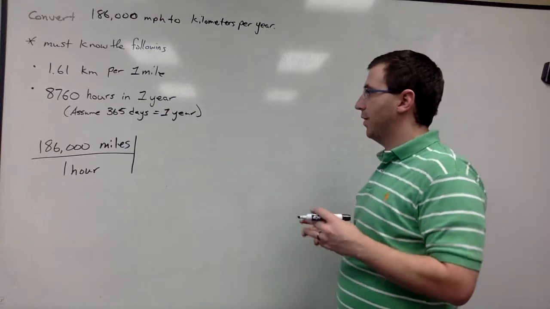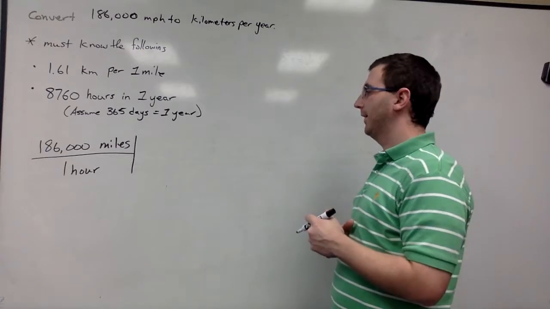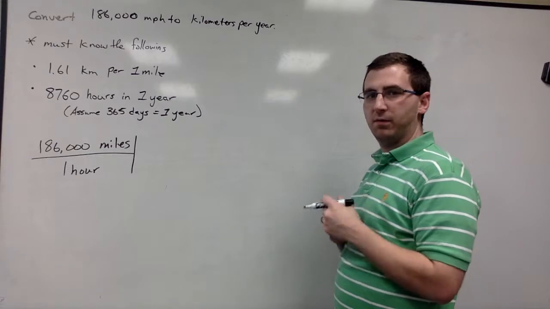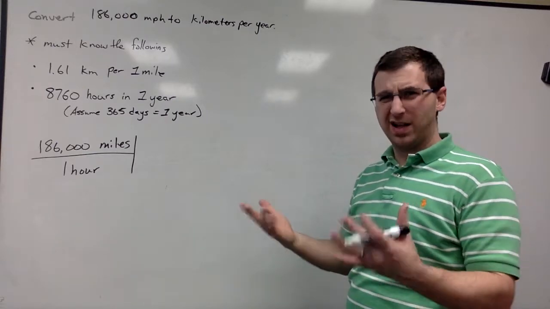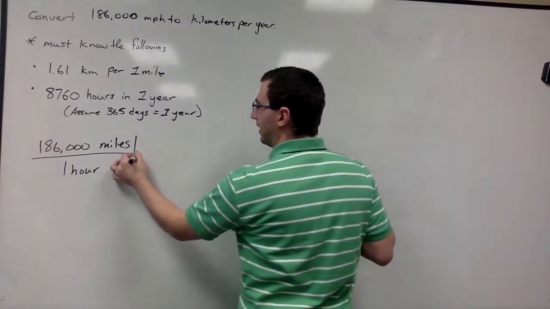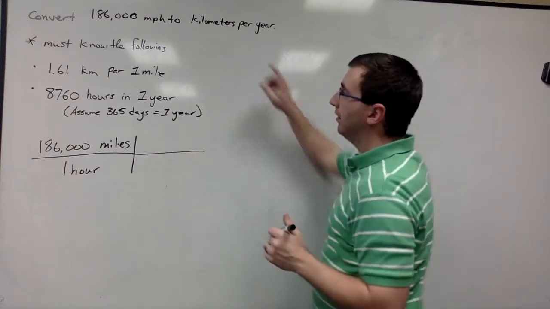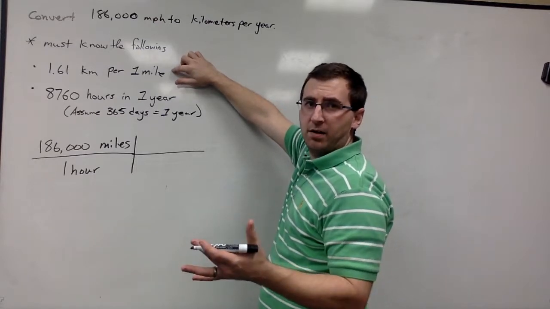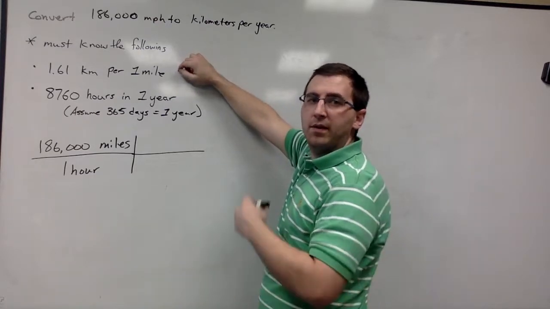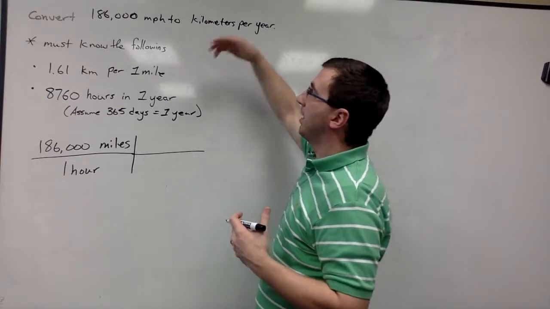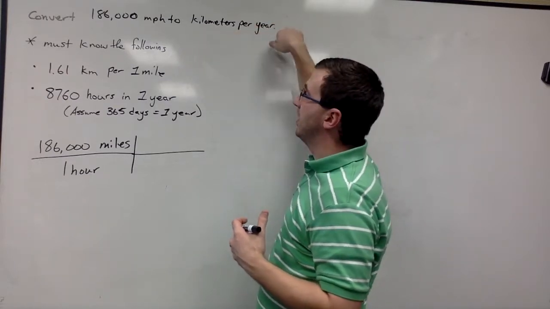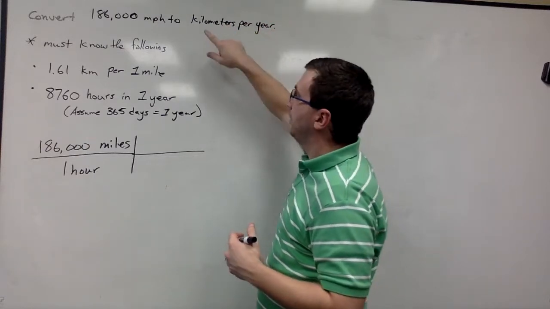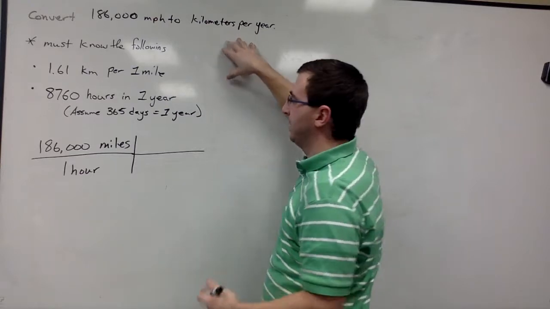All right, so let's deal with the distance first before we deal with the time. We dealt with the time earlier, so let's kind of spice it up a little bit. Let's get rid of the miles. From our first little nugget of knowledge, for every 1 mile we have 1.61 kilometers. Your final answer should have kilometers on the top and years on the bottom, so we can take care of the kilometers right off the bat.